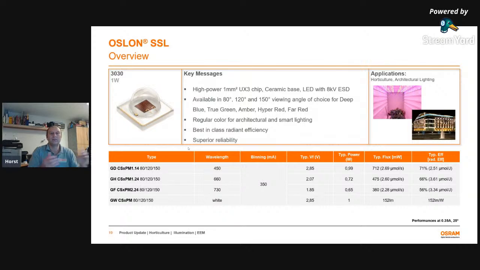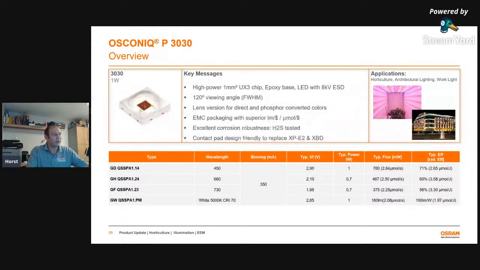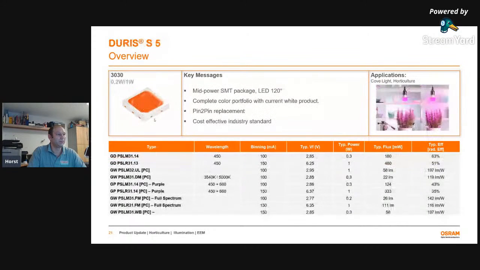So we can decide whether we want to go wide or more narrow. Then there is also a 1 watt component in 30 by 30, which I've already mentioned before, the Osconic P3030, which is based on a professional die and on an EMC package with the silicone dome.